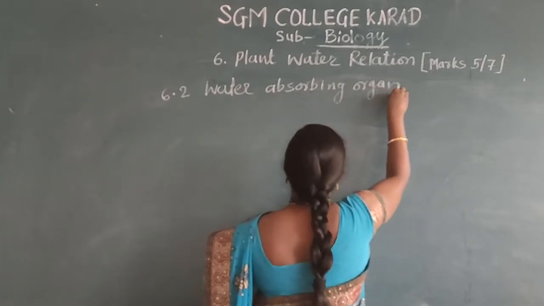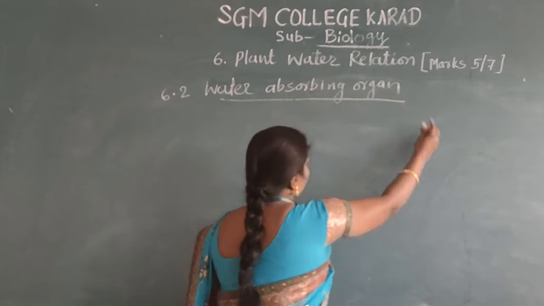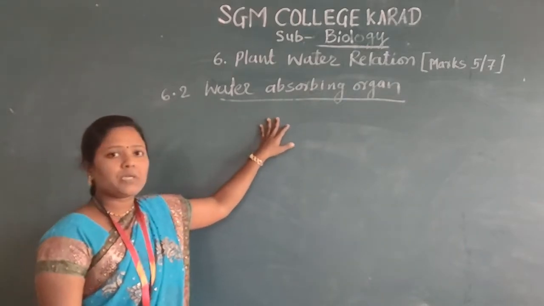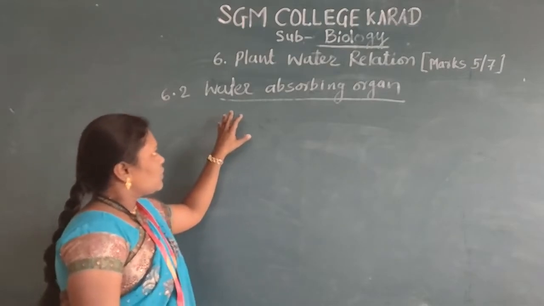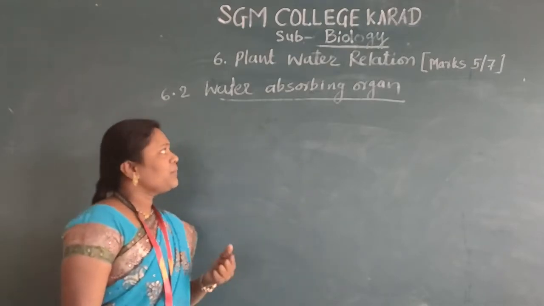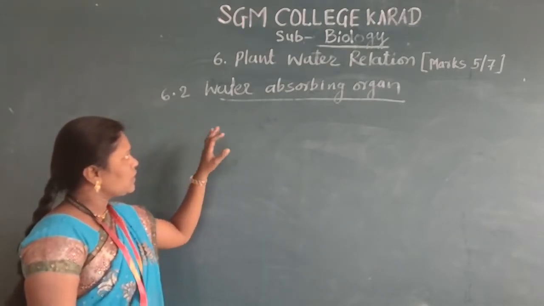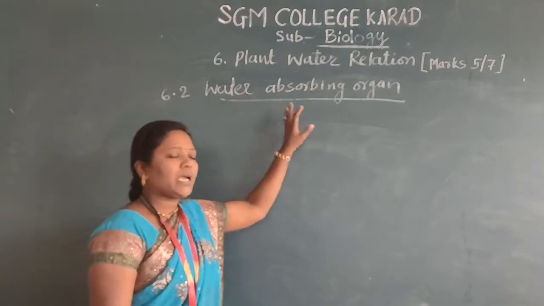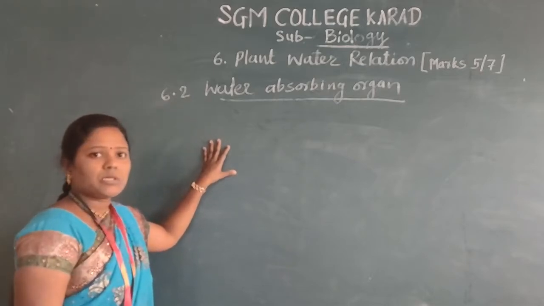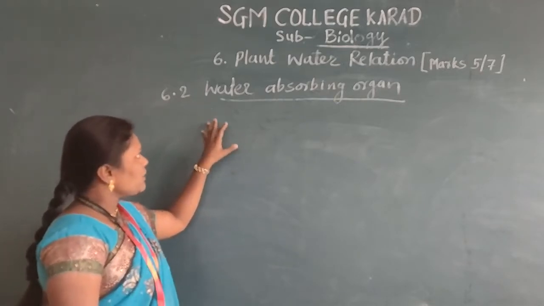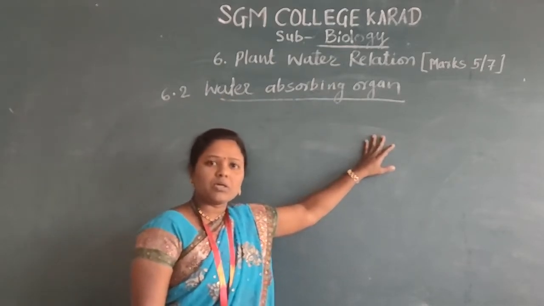Related to this topic, we understand what is the main organ to help for the water absorption. In plants, the root is the main water absorbing organ.